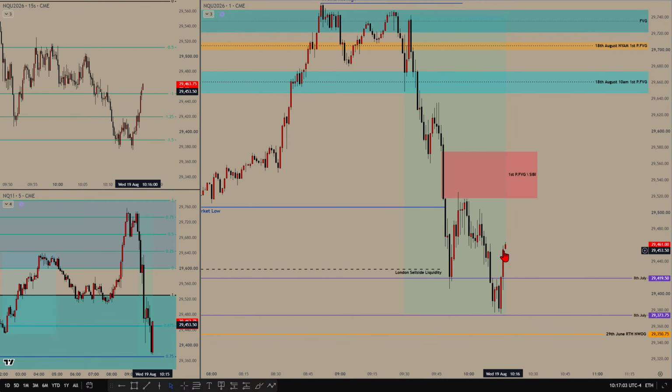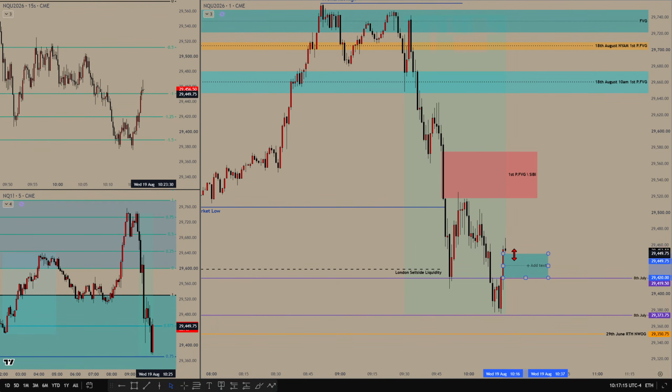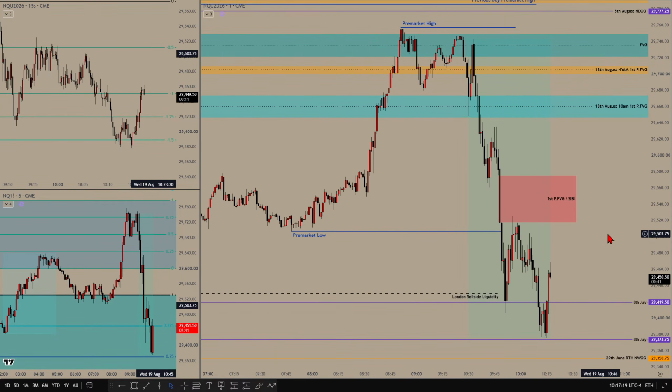Okay, finally seen some good enough delivery on the buy side. This needs to become a fair value gap, and if it does, you've got an inversion fair value gap and a bullish fair value gap. And that would hopefully be the beginnings of this run higher.